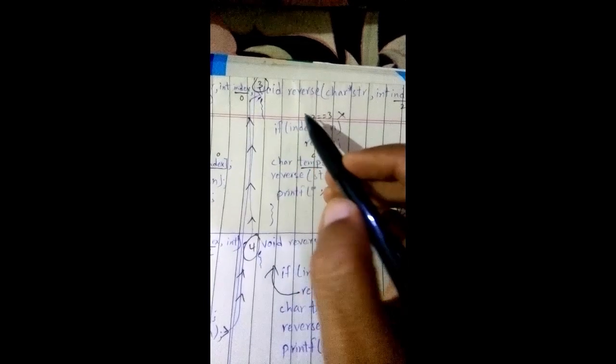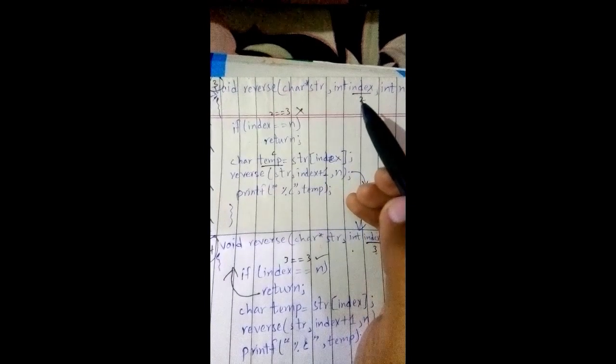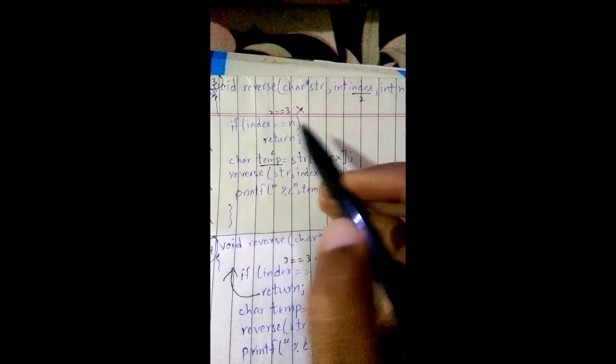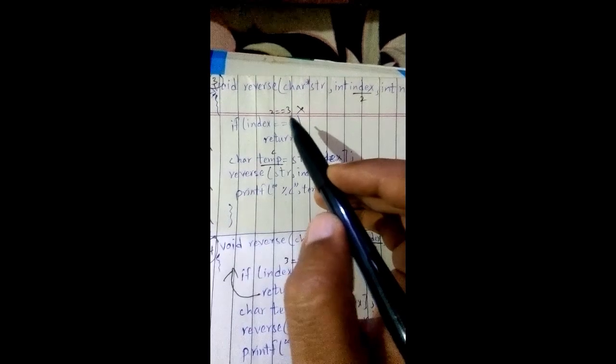Now again when the third call, index is 2 and length of array is 3, so 2 equal to 3, which is false. 2 is not equal to 3.